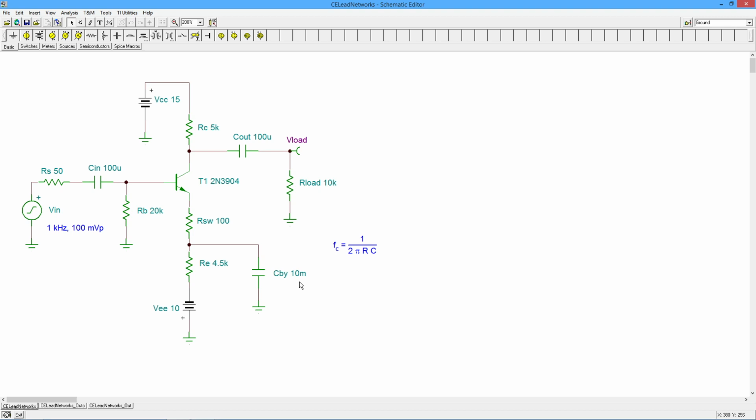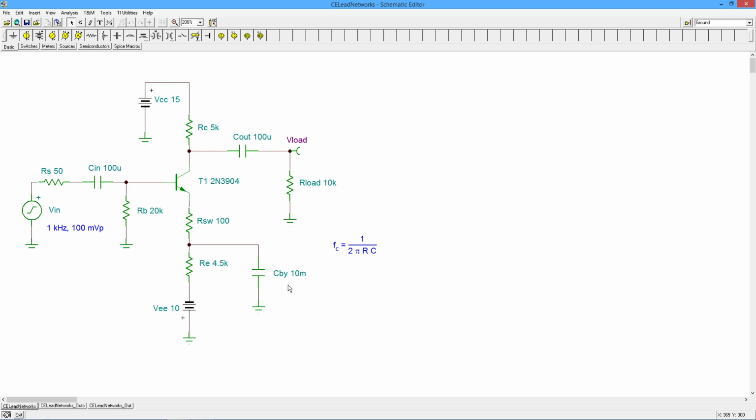How can we calculate the low frequency limit of this amplifier? It is essentially controlled by these three capacitors. C in and C out create classical lead networks. The bypass capacitor is just a little bit different. You can approximate it as a lead network, but it's not a true lead network.